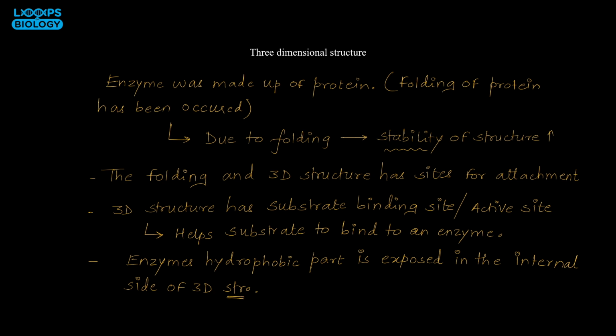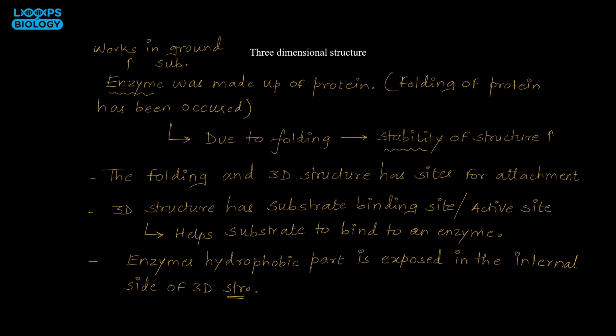Because enzyme is continuously working inside the cytoplasm or matrix, basically the ground substances. So enzymes basically work in ground substance. And the ground substance is comprised of a high level of water molecules.